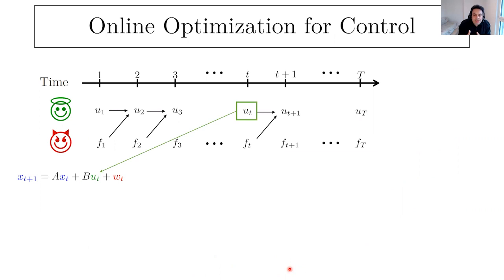So the first attempt is that we think about the decision that you make as exactly the control action. So you can say, okay, I want to use an online optimization technique to tune my controller.